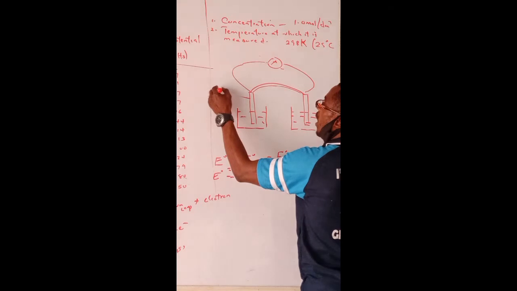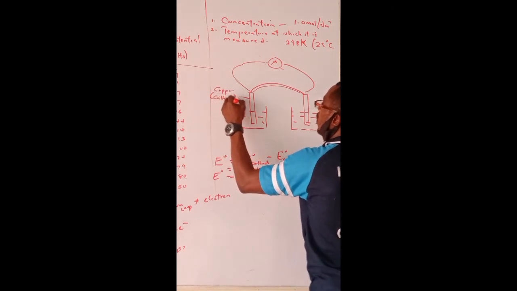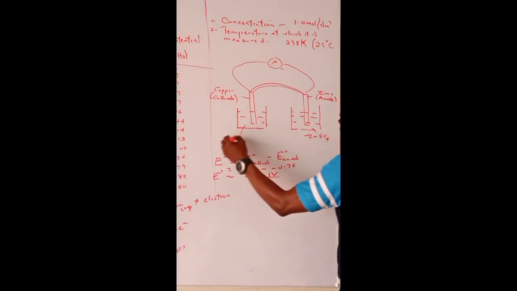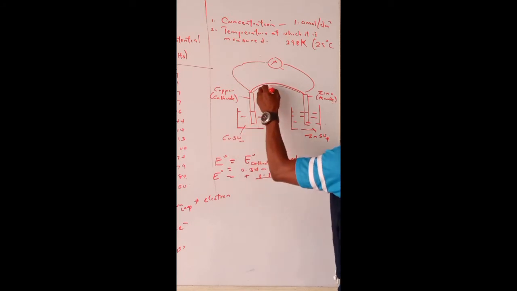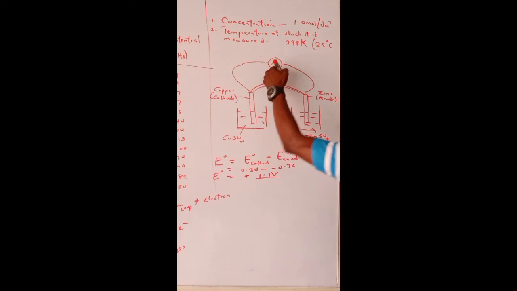So this is copper, which is the cathode, and this is zinc, which is the anode. The electrolyte for this is zinc sulfate, and the electrolyte for this is copper sulfate. This is the salt bridge, and this is your galvanometer. Please draw that picture.